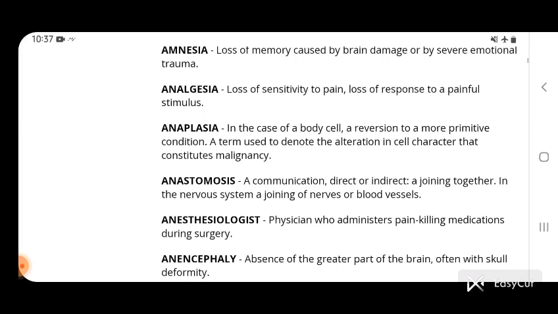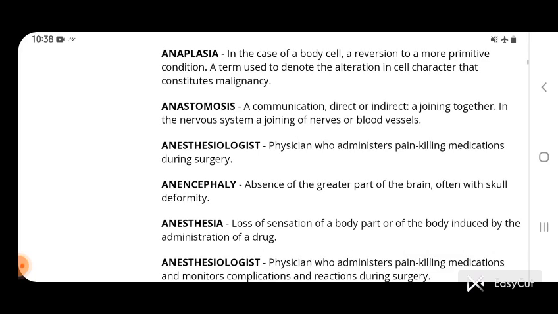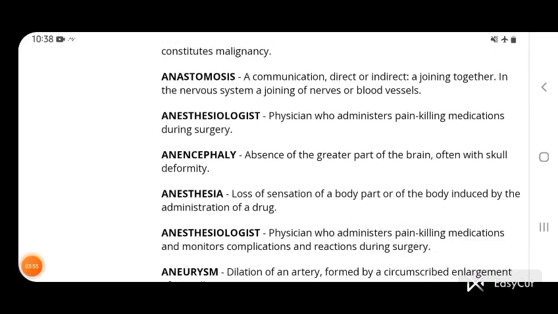Next is anesthesiologist. It is the physician who administers pain-killing medications or anesthesia during a surgery. Next is anencephaly. Anencephaly is defined as the absence of the greater part of the brain, often with skull deformity.